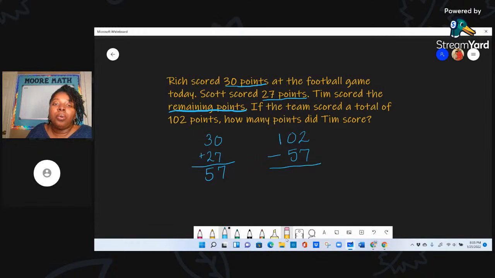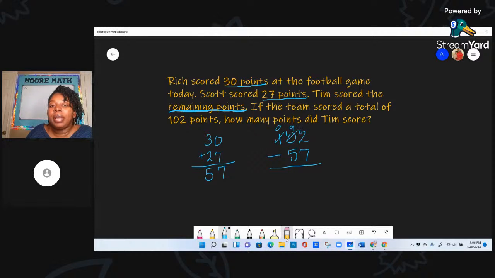Okay. So good. You added these two together, and then you have to subtract from the whole team's points. And what was your answer? 47. 47. Okay, so let's see. Can I do 2 minus 7? No. So I'm going to have to borrow, and this becomes a 10. All right.